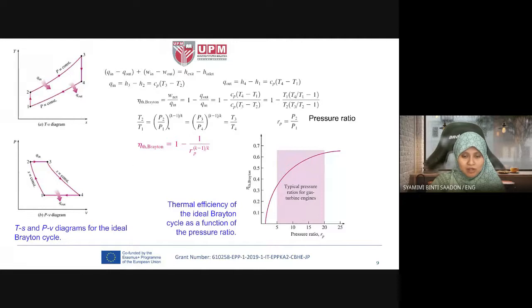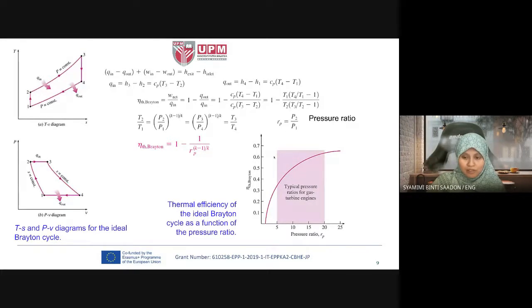the thermal efficiency of the Brayton cycle in terms of only the pressure ratio. It means that once we know the pressure ratio of the cycle, which is usually a parameter given to the cycle, we can calculate the efficiency of the cycle without knowing all the temperatures, W net, Q out, Q in, etc. Just depending on the pressure ratio.